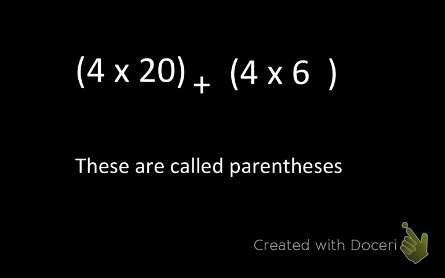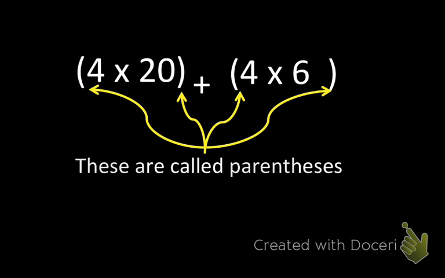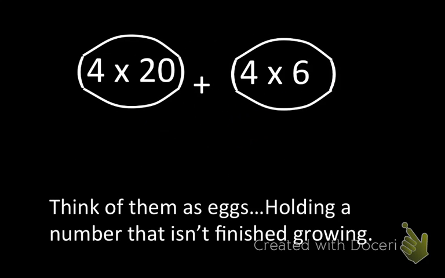Okay, now just a quick sec. Remember, these are parentheses, right? And in the past, I've referred to them as eggs, because you've got to solve the number that's inside the eggs before you do anything else. Some people might try to multiply or add the 20 plus 4 to begin with, outside the order of operations. Don't do that.